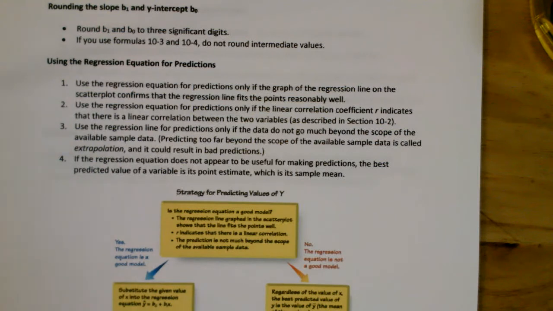Step three, use the regression line for predictions only if the data do not go much beyond the scope of the available sample data. Predicting too far beyond the scope of the available sample data is called extrapolation, and it could result in bad predictions. And number four, if the regression equation does not appear to be useful for making decisions, the best predicted value of a variable is its point estimate. And that point estimate is going to be the sample mean. Okay.